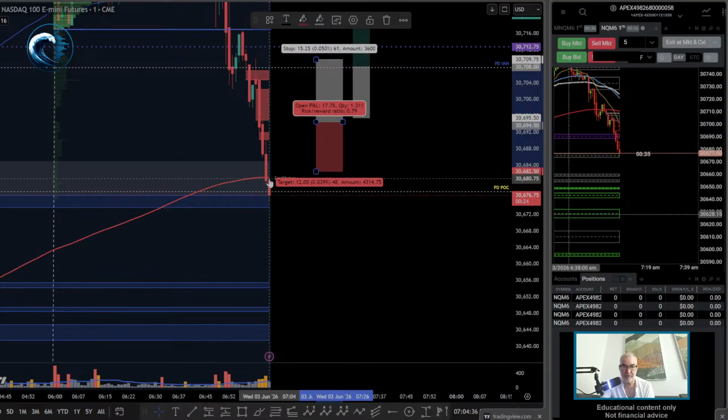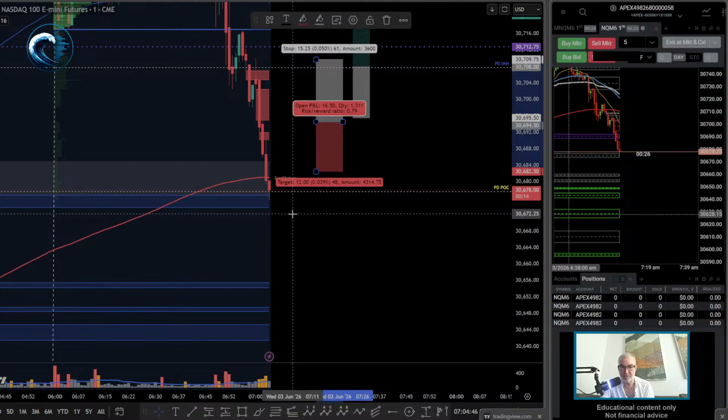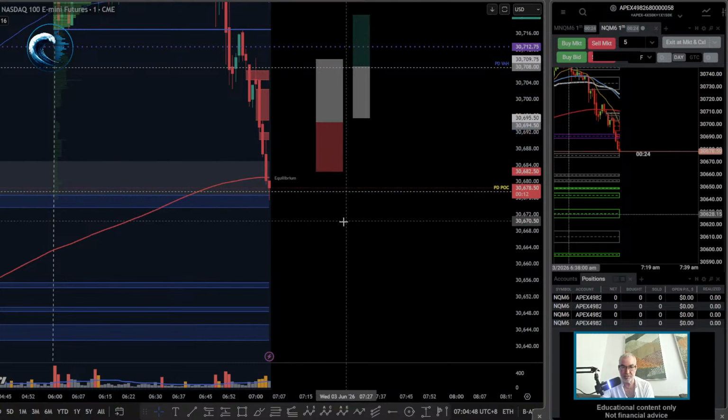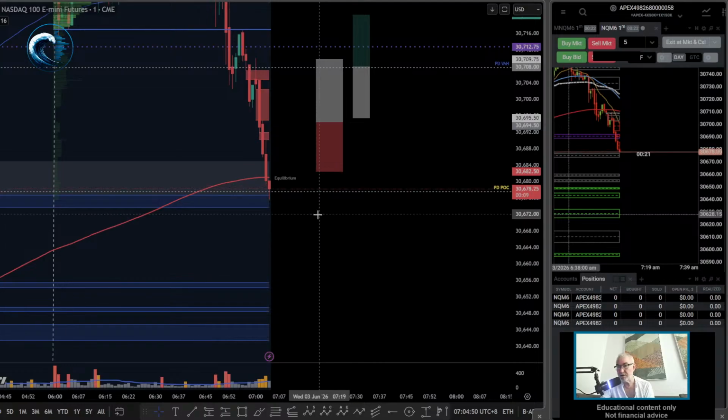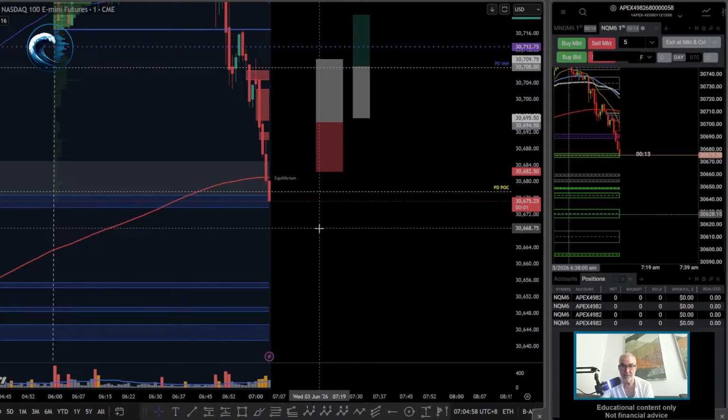It's not one of those big engulfing candles, that's why I just want to watch the candle action. Did anyone get that short? Hopefully you did.